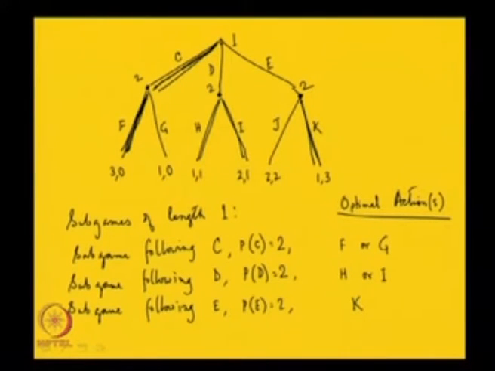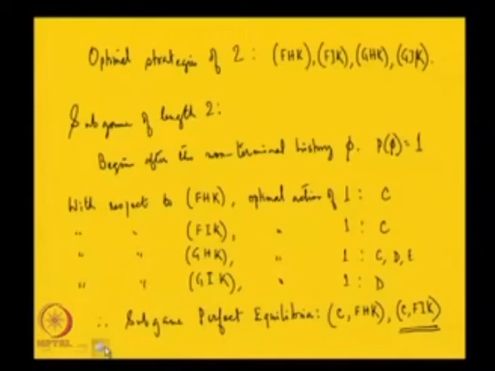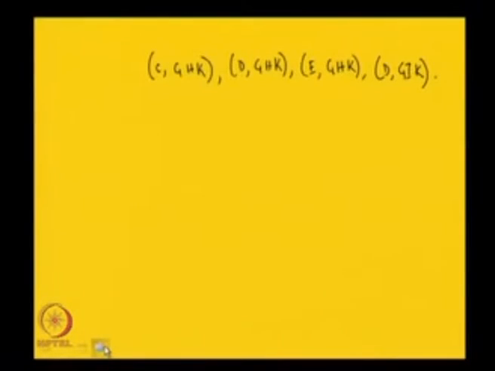So, likewise we can interpret the other equilibrium strategy profiles. So, this is more or less it. What we have done is that we have looked at how to find the subgame perfect equilibrium through backward induction.